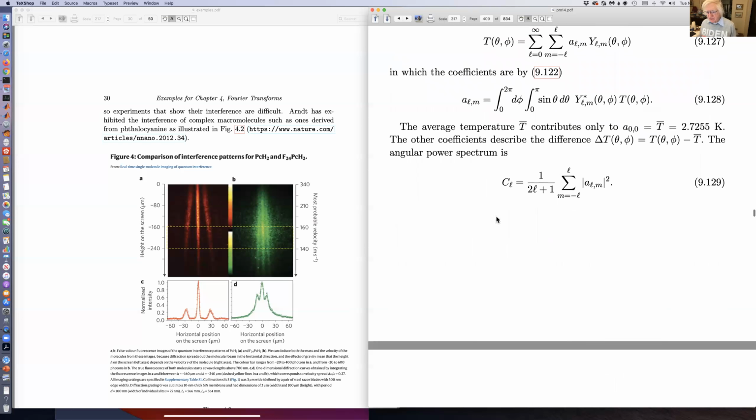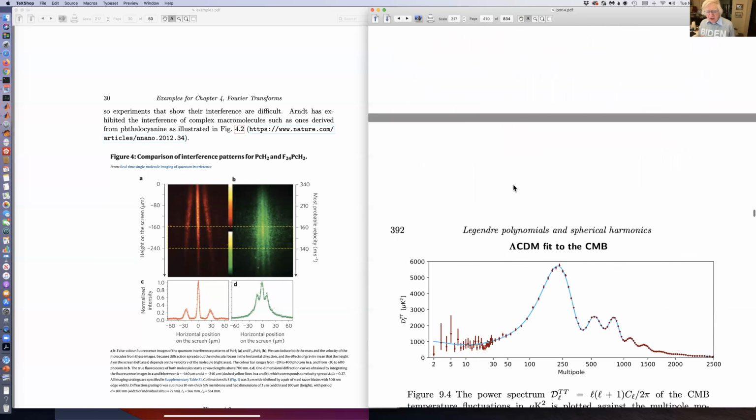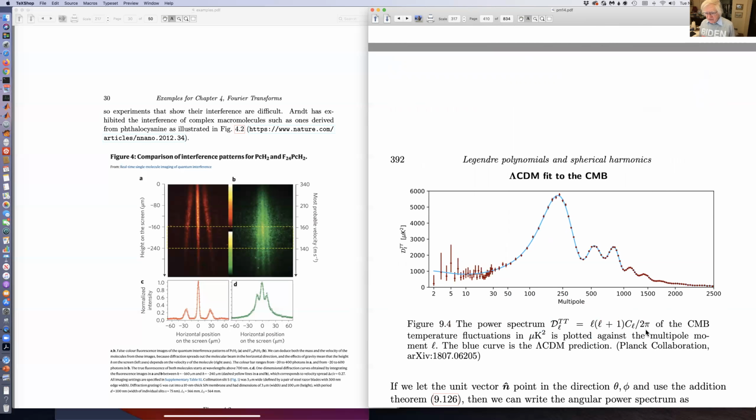The Planck people define a sum over m of the absolute value squares of these coefficients divided by 2L plus 1 as C sub L. They then multiply C sub L by L(L plus 1) divided by 2 pi. I call that D sub L, and that's what they're plotting here as red dots.